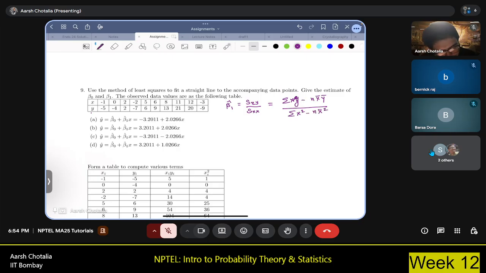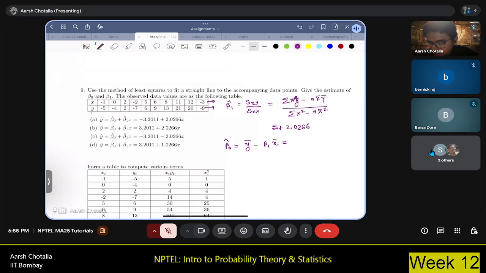Okay, so this would turn out to be 2.0266. Then beta naught is very easy because you can take averages here. It is simply y bar minus beta 1 x bar. Y bar and x bar are very readily calculable here.